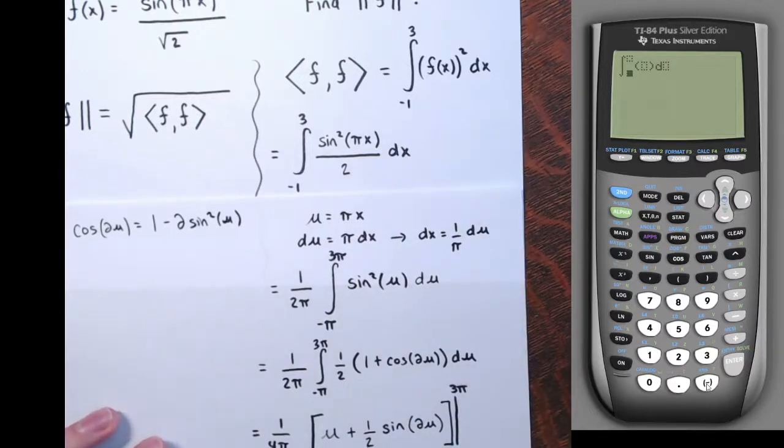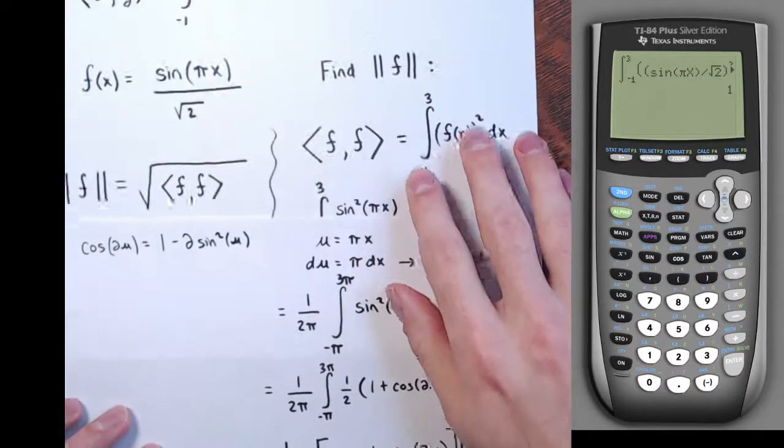But I got one of the nicer ones where you can just enter things as they look. So -1 to 3 of, and then in parentheses, the sine of pi x divided by the square root of 2, and then all of that squared, with respect to x. 1. See? So you can have the calculator do a definite integral if you wish.